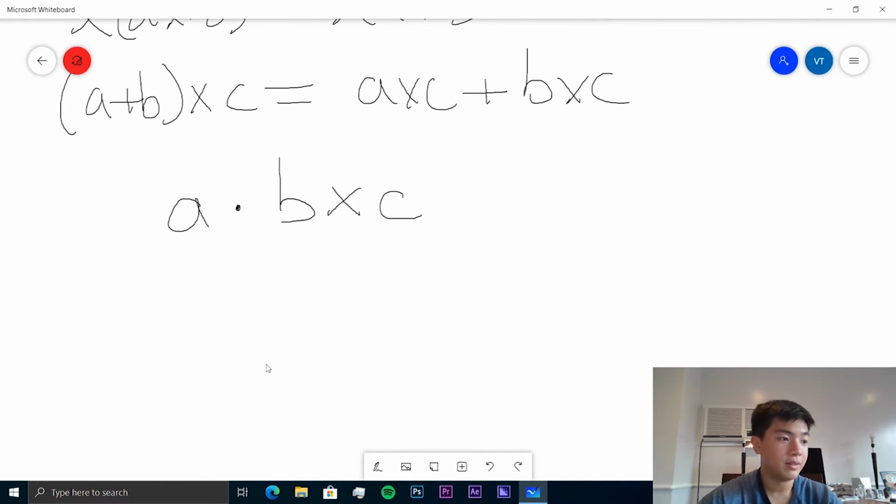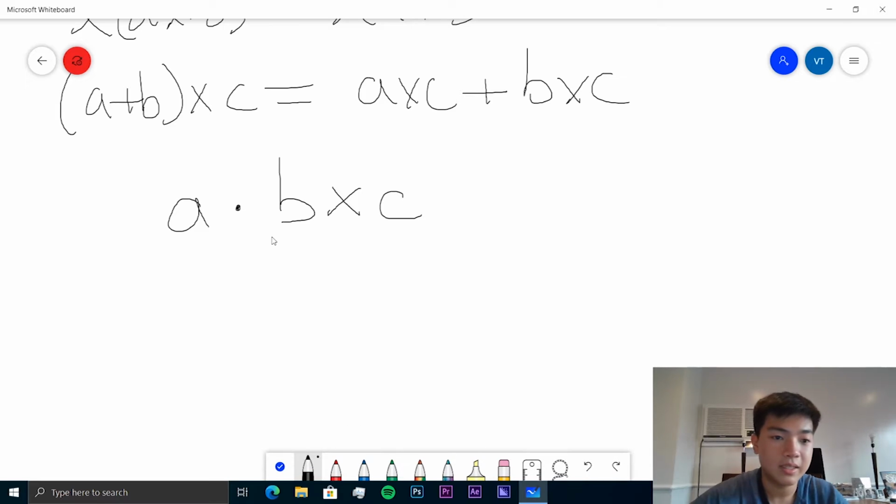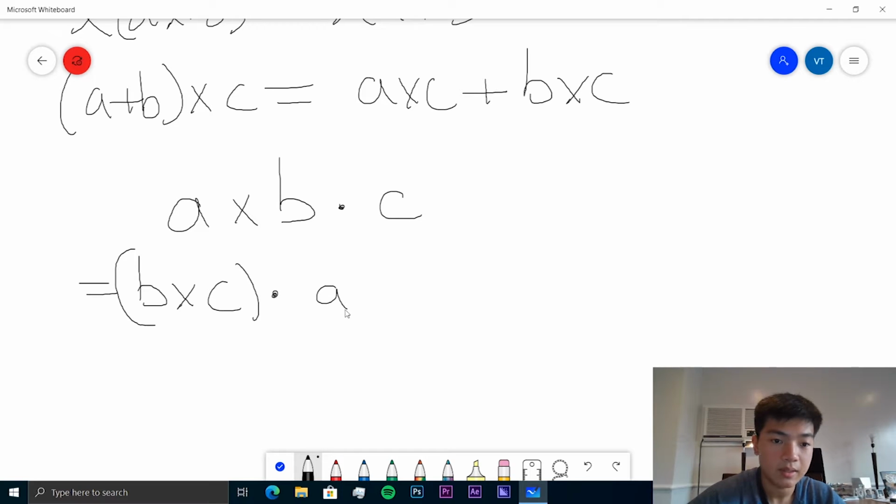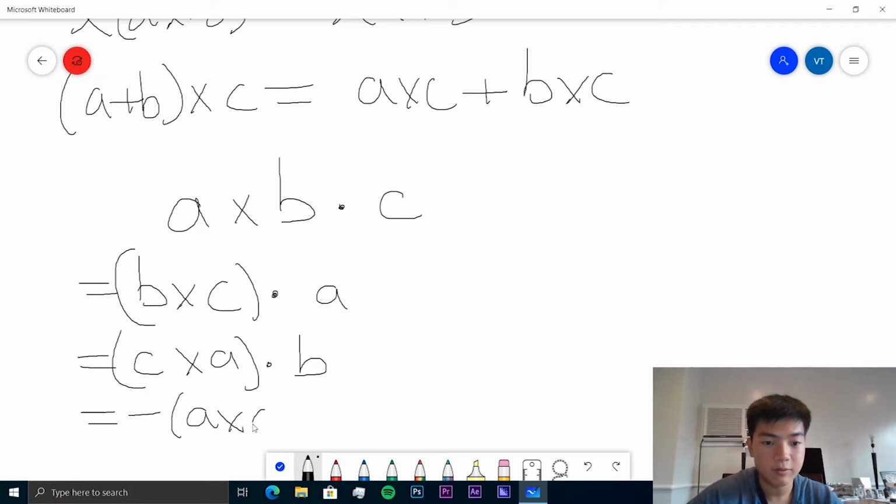For example, let's change that to the cross and this to the dot. This is equal to B times C dot A, and it's also equal to C times A dot B, and it's equal to negative A times C dot B, since of course we swap these two around, so the direction is negative, and the same for all the others.